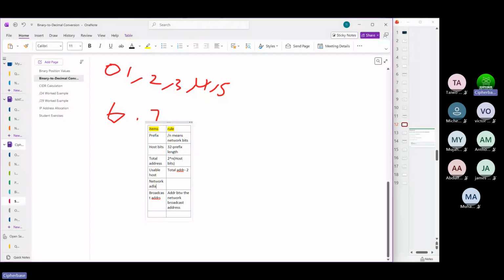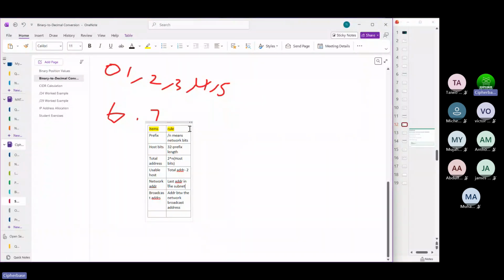We have last address, sorry, network address. So it should be here, last address in the subnet. Yeah, so this one now, this is where we are going to. Why I put this one here, I will explain.